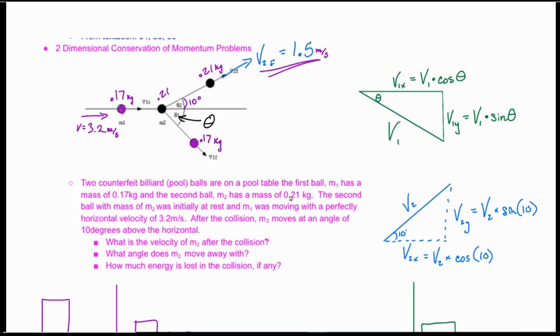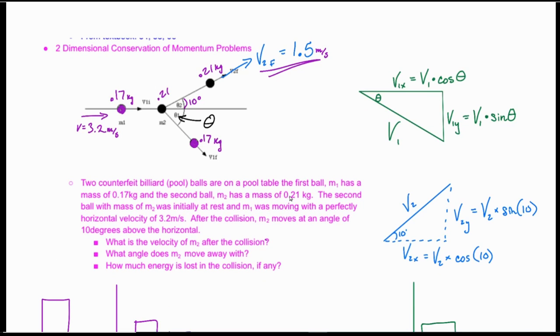So what I've done is I have created two triangles here to relate the velocity v1 or v2 to the components. If you don't remember how to do that, go ahead and take a look back earlier in the semester when we talked about finding those components.